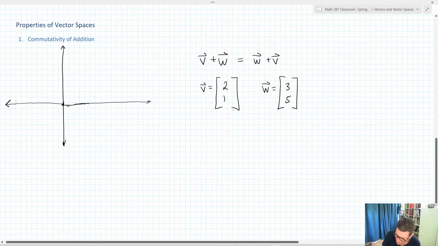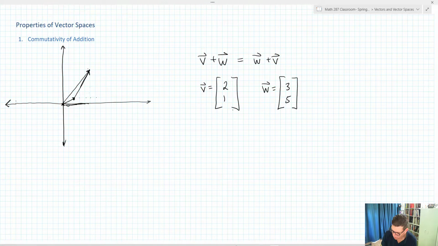So (2, 1) is over 2 and up 1. And then we go over 3 and up 5. And there's (3, 5). And so our resulting vector is this vector right here.